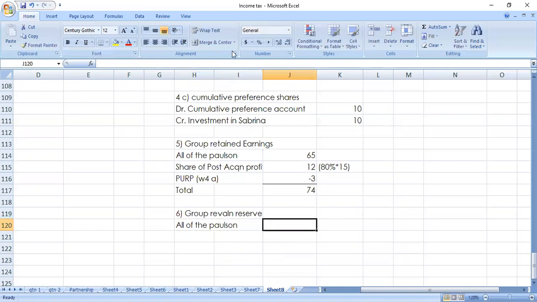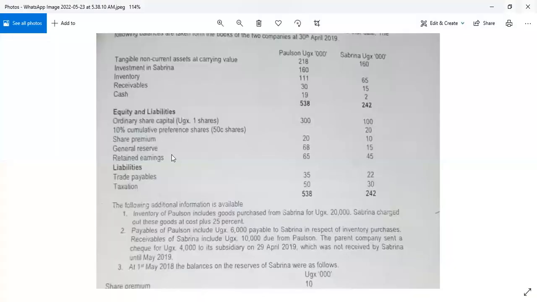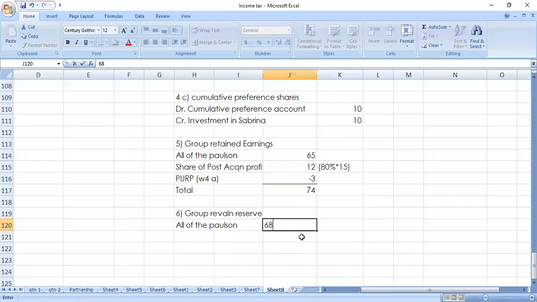Can you check the trial balance? General reserves. It is 68 for the parent. Okay, it's actually general reserve, not revaluation.